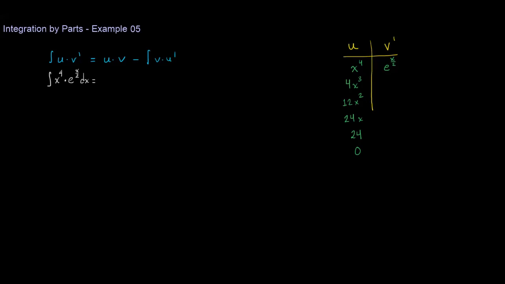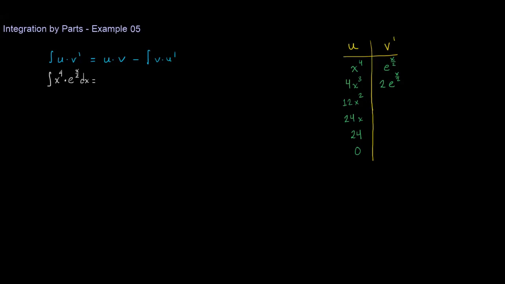Now I'm going to draw a line a bit down. That's a very ugly line, even for me. Okay, there it is. Now I'm going to take the antiderivative of what's supposed to be v prime in the first place. The first antiderivative of e to the x over 2 will be 2 times e to the x over 2.